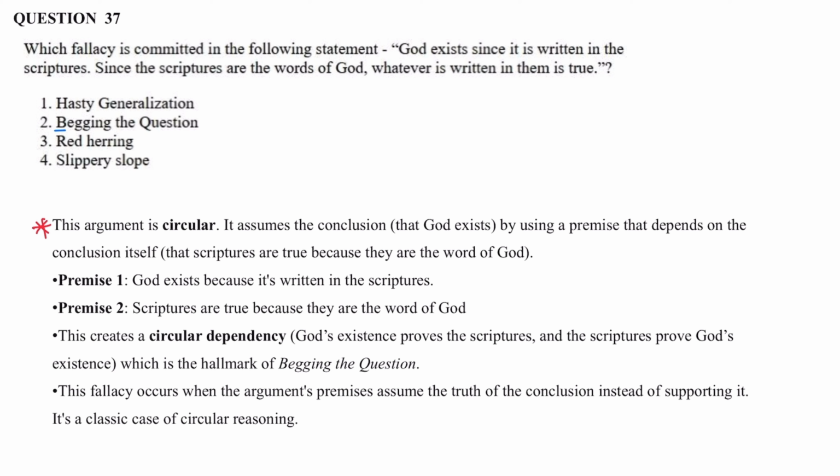Premise 1 is God exists because it is written in the scriptures. Premise 2 is scriptures are true because they are the words of God. It creates a circular dependency which is a hallmark of begging the question. This fallacy occurs when argument premises assume the truth of a conclusion instead of supporting it. It is a classic case of circular reasoning.